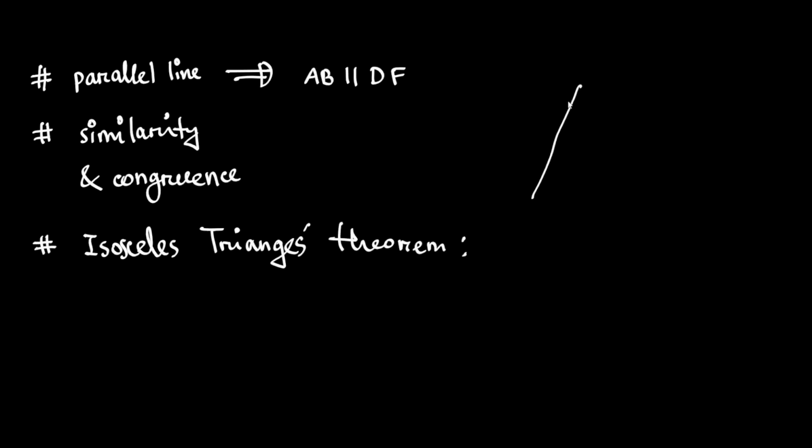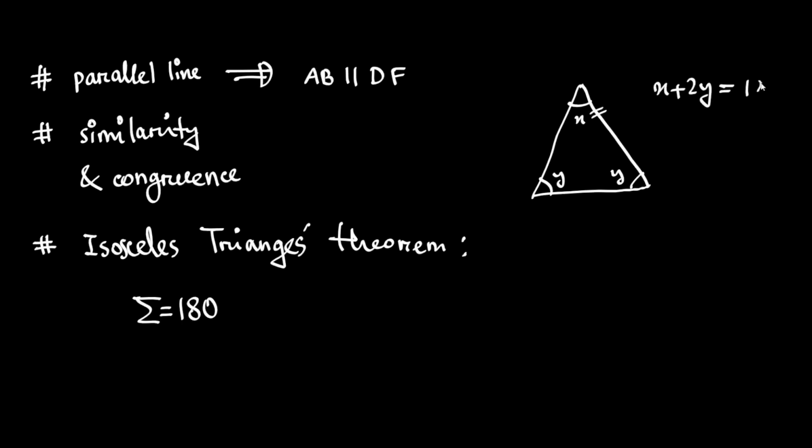Which means that if we have angles A and B equal, let's say both of them are y, and we have to find x. So what will be x? The summation of all the interior angles is 180 degrees. So x plus 2y is equal to 180 degrees.